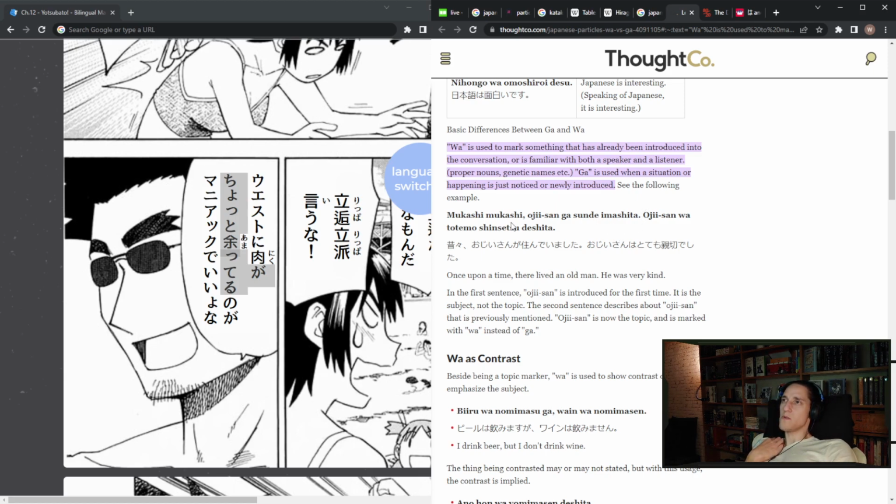Oji-san wa totemo shinsetsu deshita. So this old guy was totally shinsetsu. I don't know what shinsetsu means, although I've heard it 1,000 times. Kind. So was totally or very kind. Shinsetsu. Oji-san ga sunde imashita.